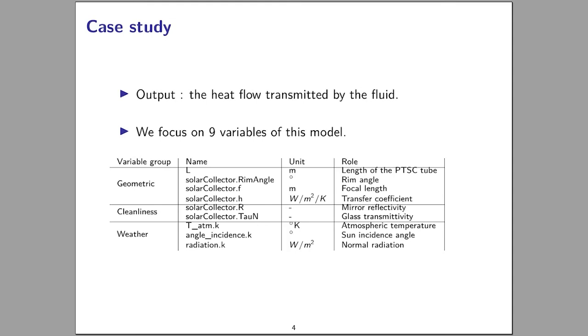We also have cleanliness parameters, meaning parameters that can be affected by whether the mirror or the pipes are dirty. These are the reflectivity of the mirror and the transmittivity of the glass in the pipe. And the last variable group is the weather: as mentioned before, the atmospheric temperature, the incidence angle of the sun, and the sun radiation.